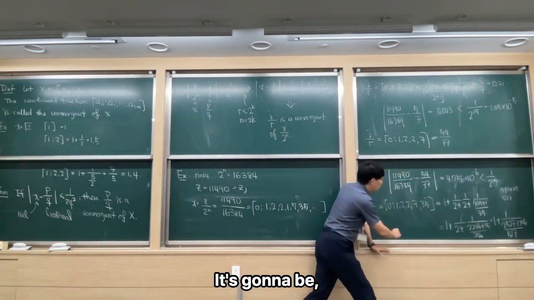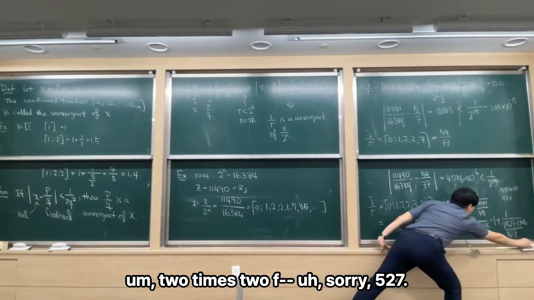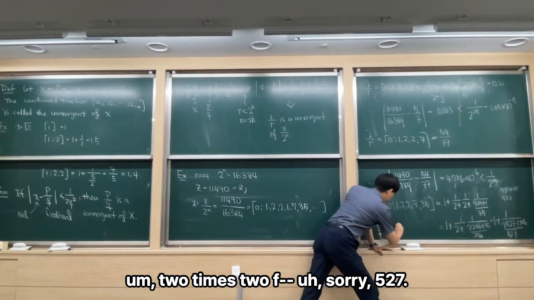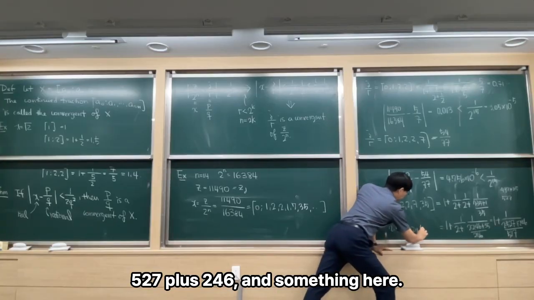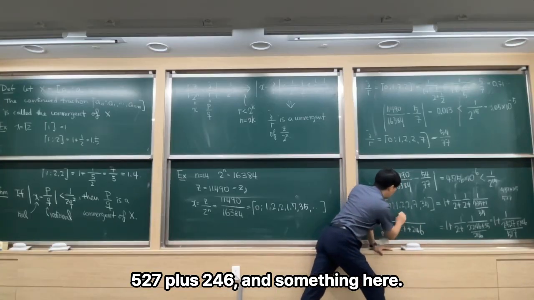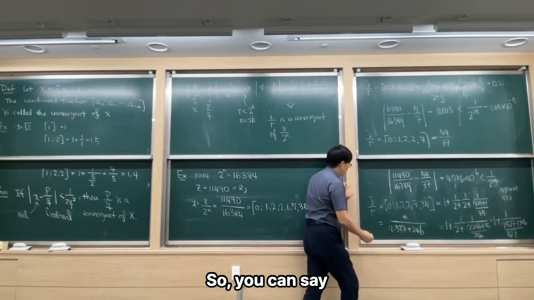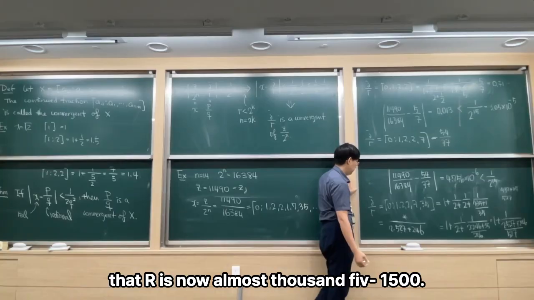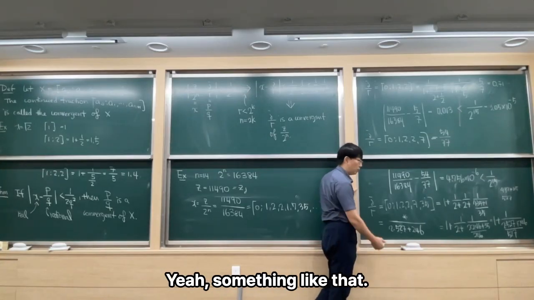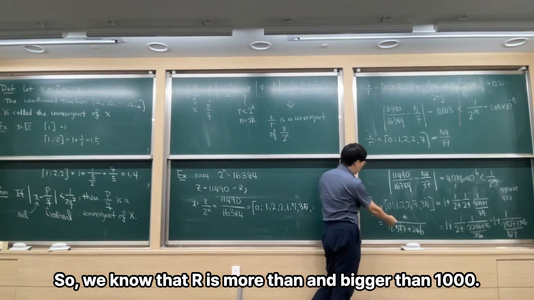It's going to be 2 times 527 plus 246 and something more. So you can say that R is now almost 1,500, something like that. It doesn't matter what the exact value is. We know that R is bigger than 1,000.